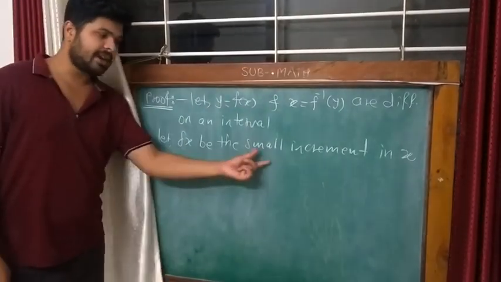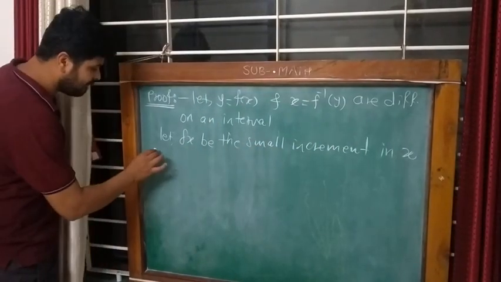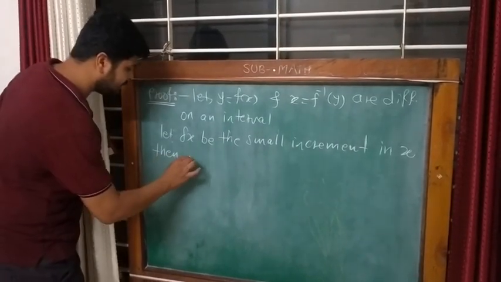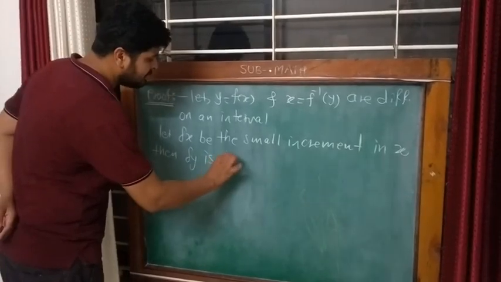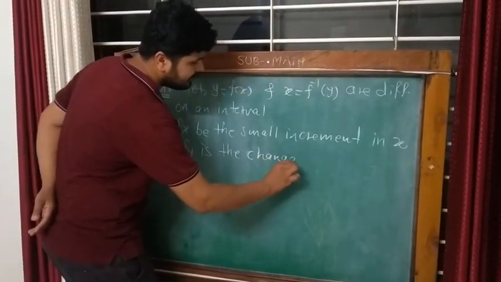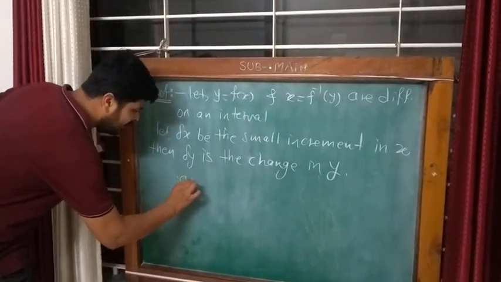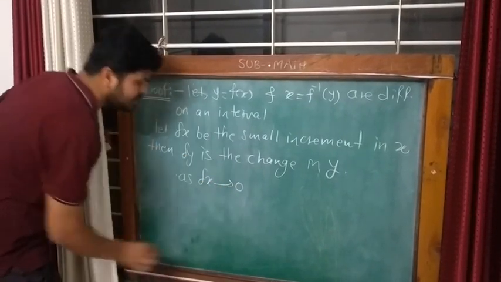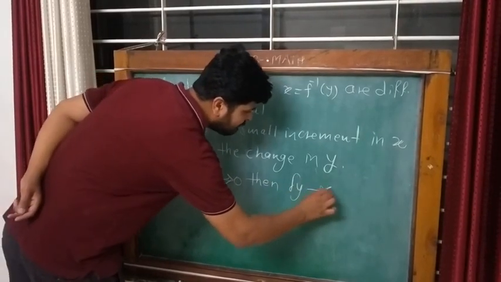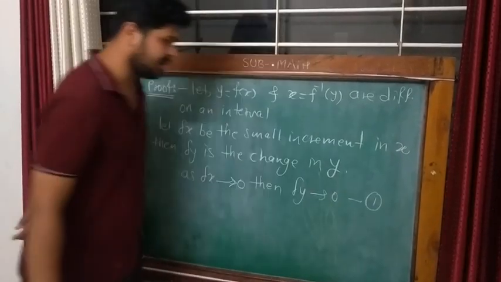So if I change x, this delta x being a small increment in x, then the corresponding change in y is delta y, the increment or change in y. Also you have to mention that as this delta x approaches 0, this delta y also approaches 0, right? And we call this part equation number 1.